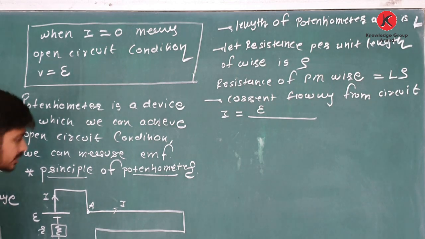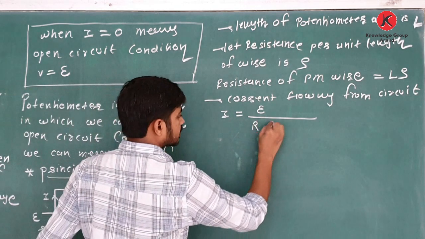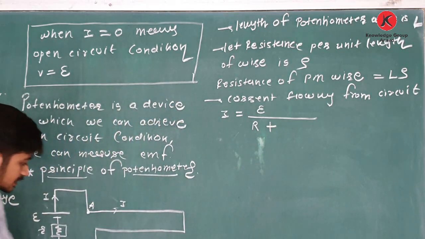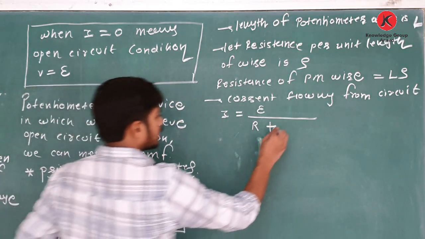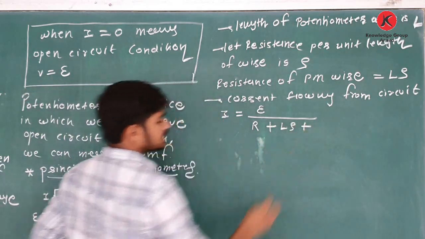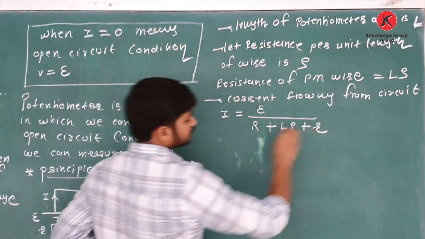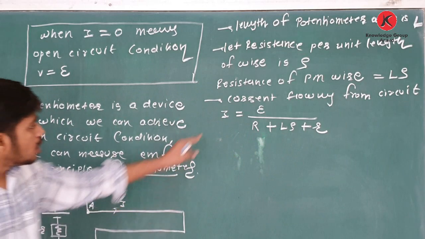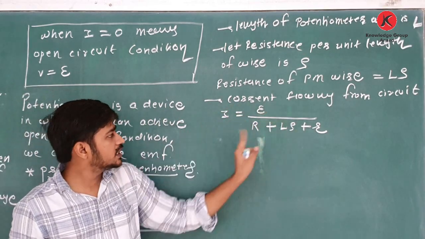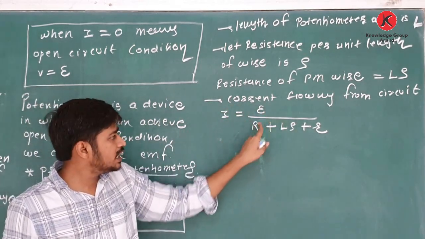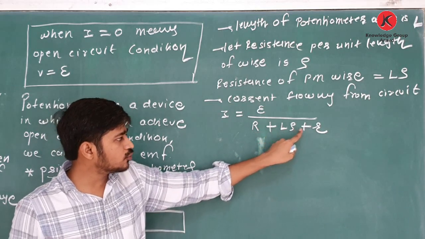R plus L rho plus r. Clear about this equation? Current flowing in the circuit, I is equal to E upon R plus L rho plus r.